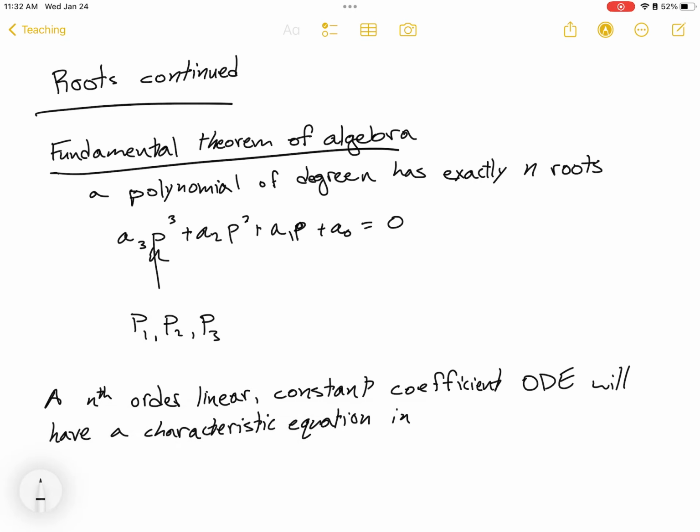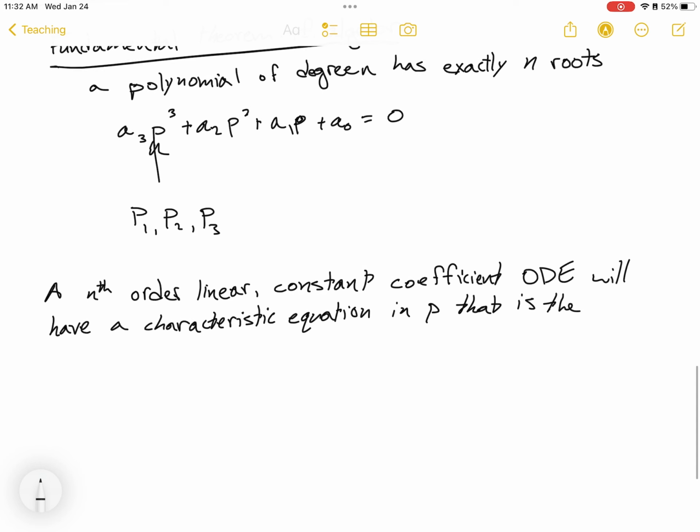So in P, the characteristic equation has the same order as the ODE.